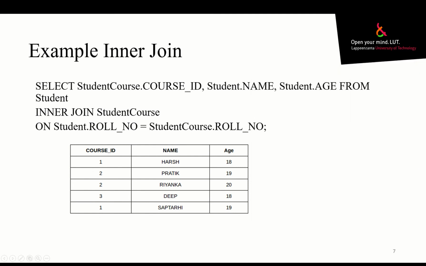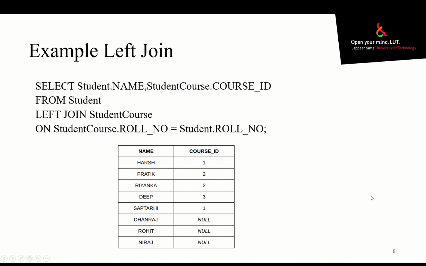Now let's look at the other example. The left join, like I said earlier, will look at rows that match based on the conditions we've set here, and that is the student course roll number and the student table roll number.